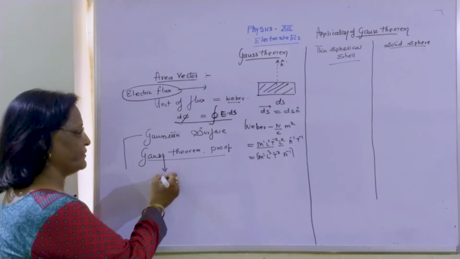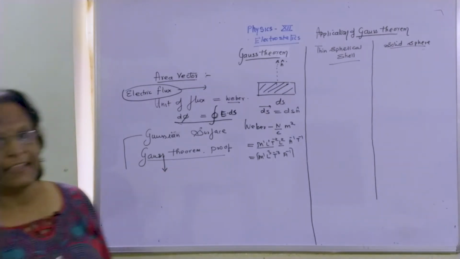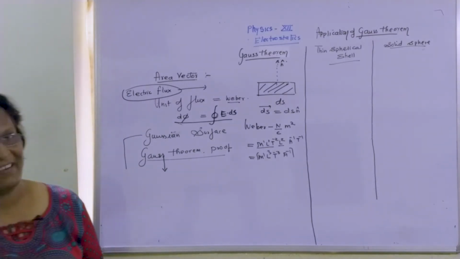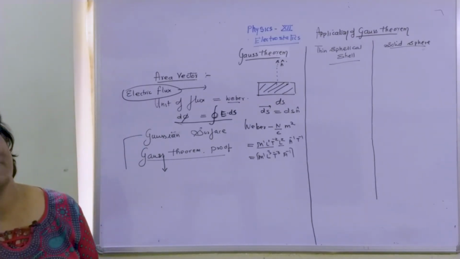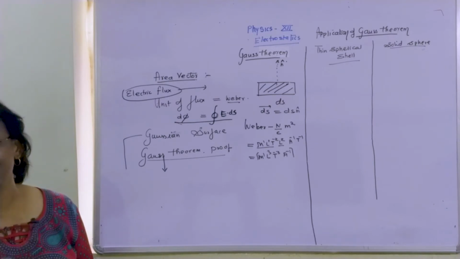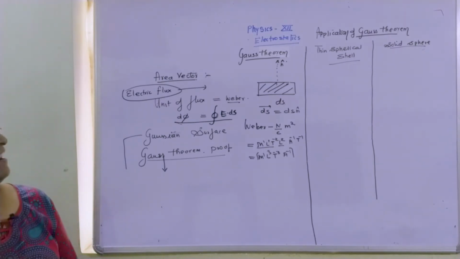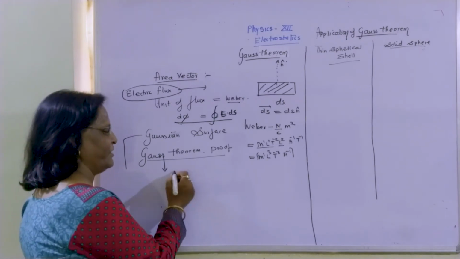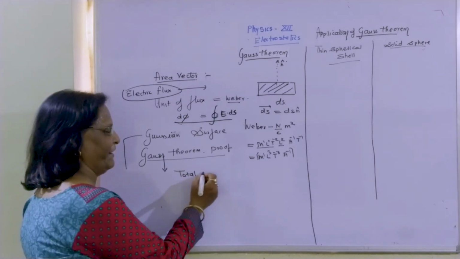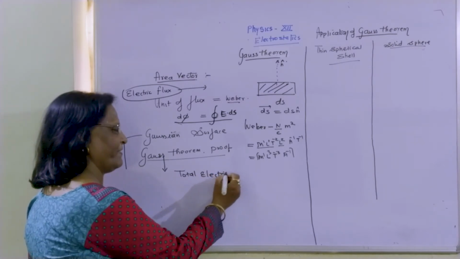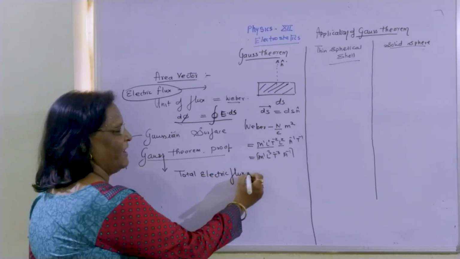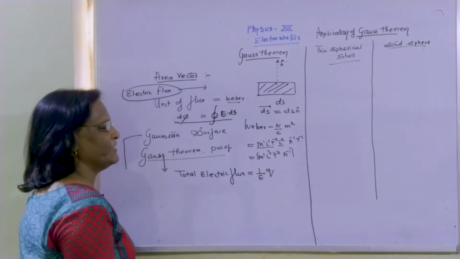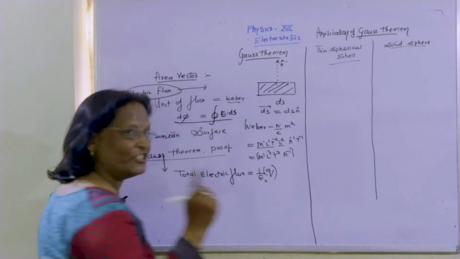Okay, Gauss theorem. First thing which has to be in mind, Gauss theorem is only for symmetrical charge distribution, and it should be for closed surface area. There you see the statement itself reveals, it states that total electric flux is always equal to 1 upon epsilon 0 times of charge.